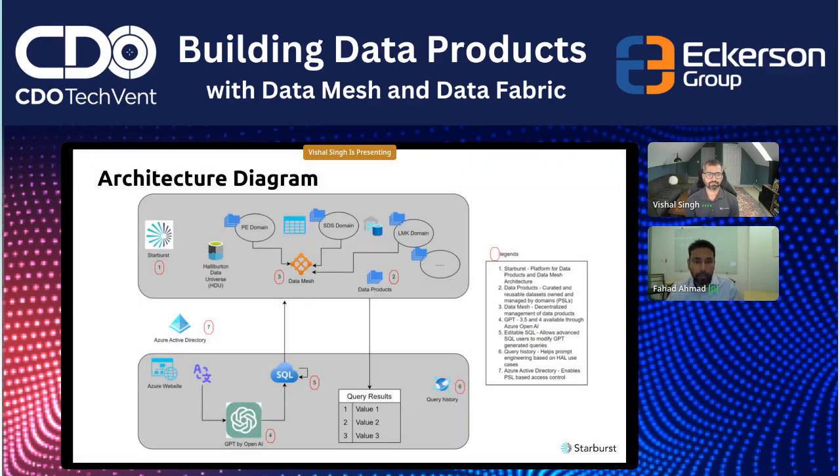Obviously this is good. We have a mesh now, we have a few good quality data products, and people have started consuming them. And then ChatGPT came along, and we saw a big opportunity for this ad hoc query piece, where someone can write SQL, query the data and get an answer.